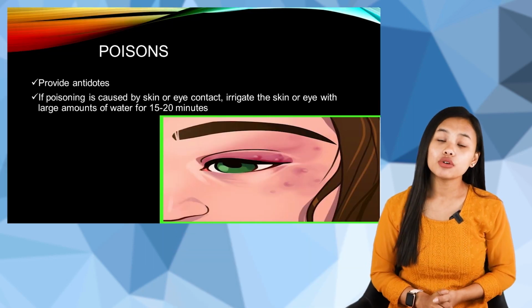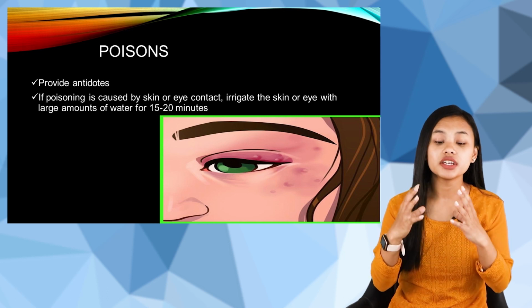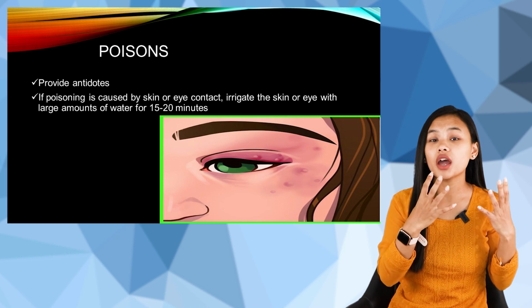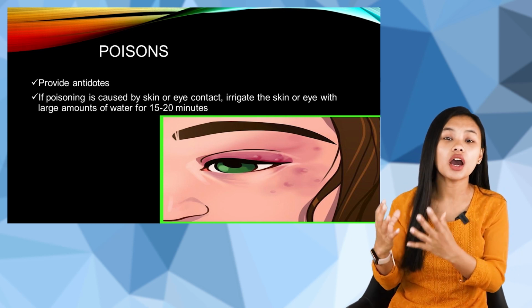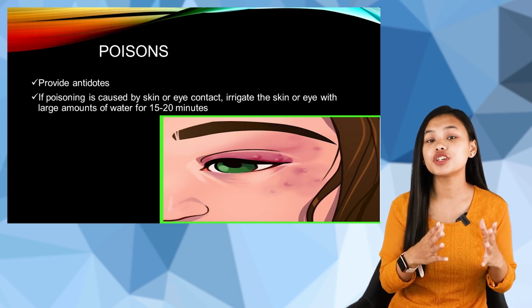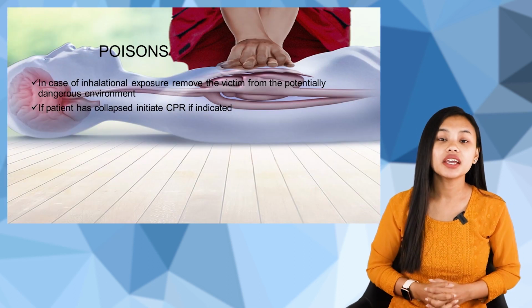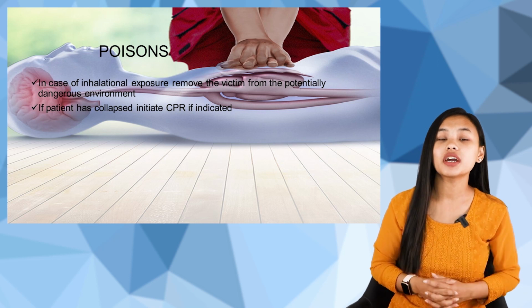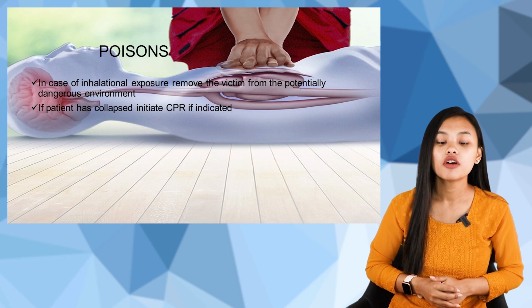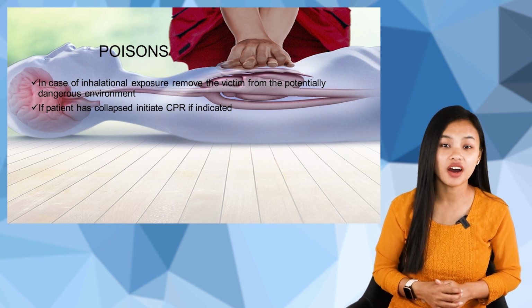We can provide antidotes, as well as if poison is caused by skin or eye, then what we can do is that we can wash the skin or the eye with the use of a large amount of water for at least 15 to 20 minutes. And in case of inhalation exposure, then what you must do is that you must make sure that you remove the victim from the potentially dangerous environment.